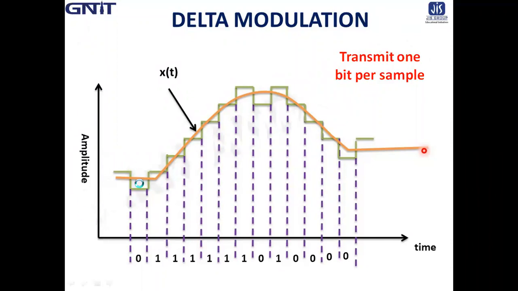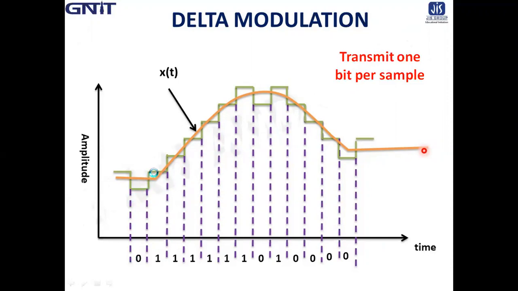So in the figure, the first sample value is naturally lower than the previous sample value, so binary 0 is transmitted.